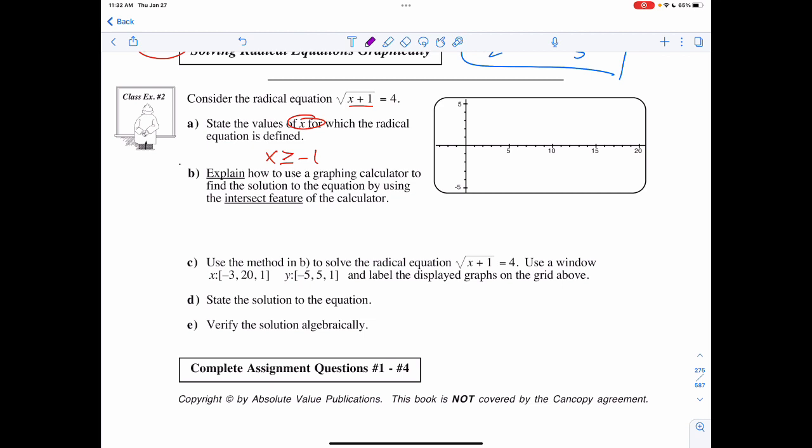Explain how to use the graphing calculator to find the solution to the equation by using the intersect feature on the calculator. I'm going to say y1 is equal to the left side of the equation. I'm going to say y2 is equal to the right side of the equation.